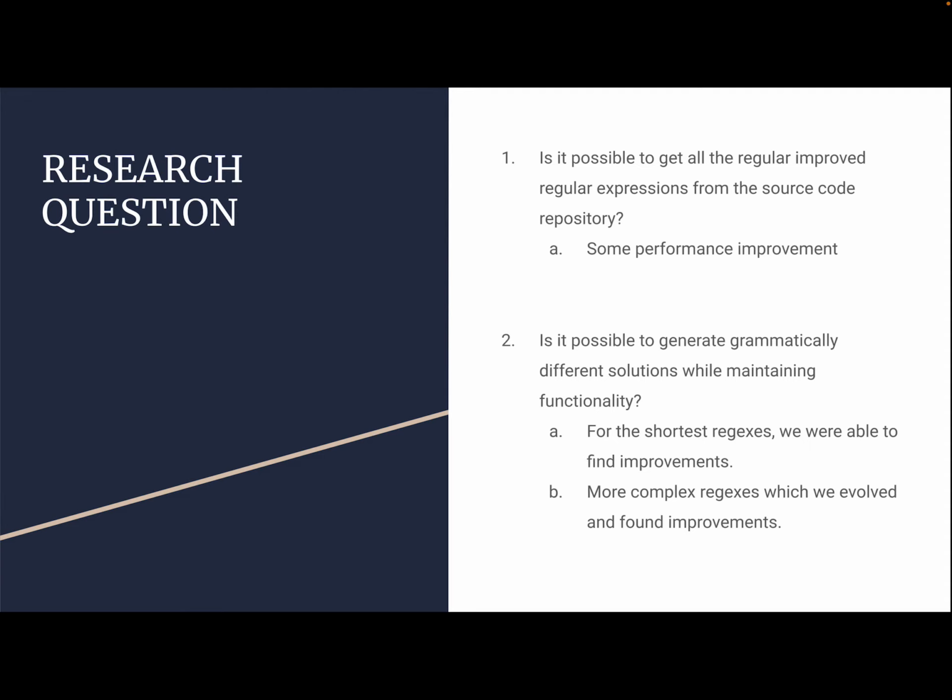The first question is: is it possible to improve regular expressions from the source regex? As an answer to the first question, they really found regexes for which they can find some performance improvement.